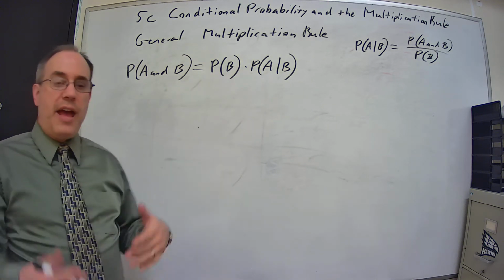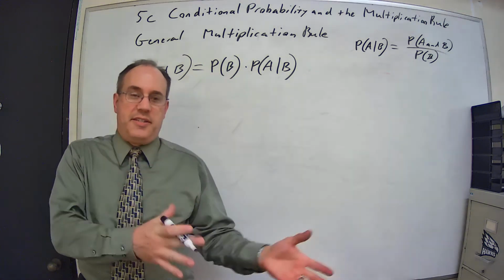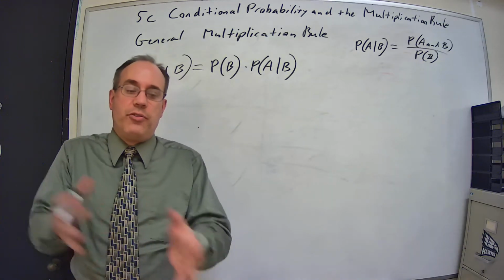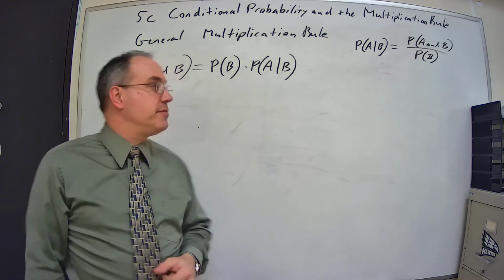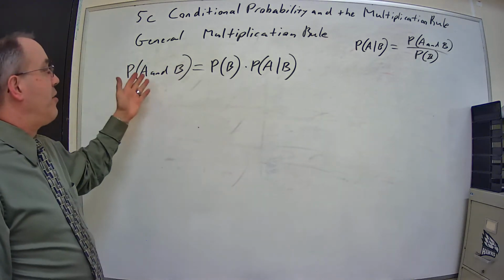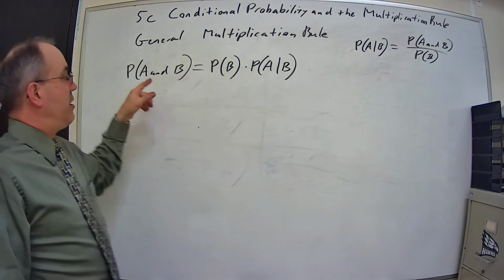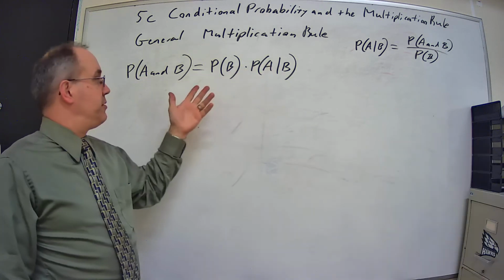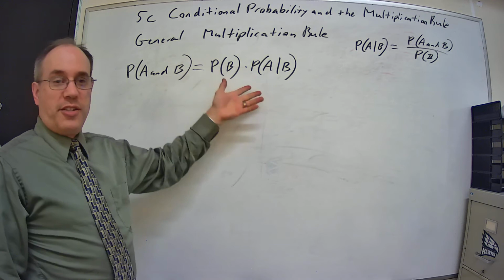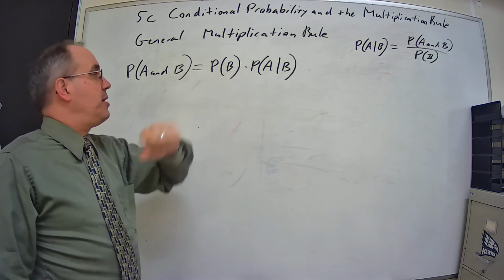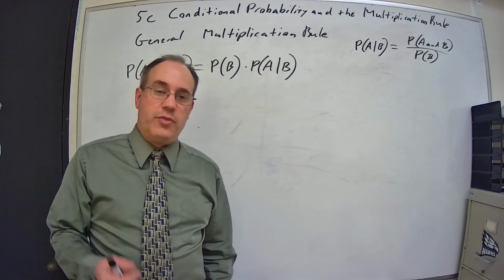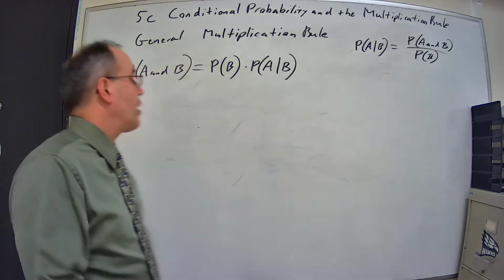So if you have two trials that are happening here, then you can find the probability that both A and B occurs with a multiplication equation here. Probability of B times probability of A given B. Well, let's look at an example of this and what's going on here.